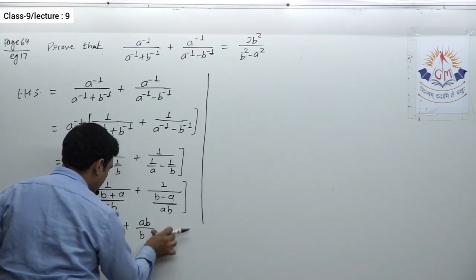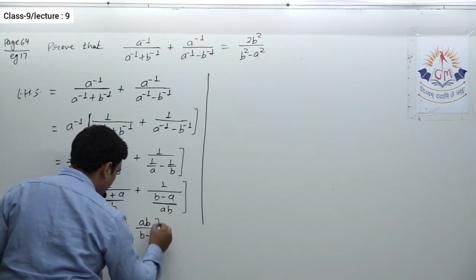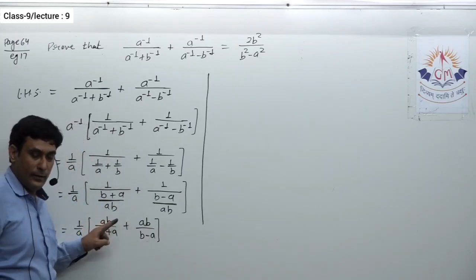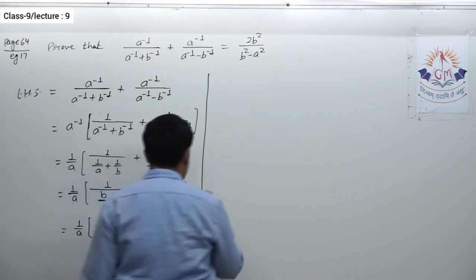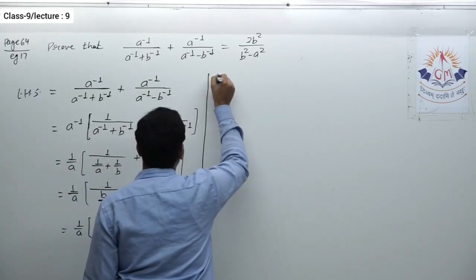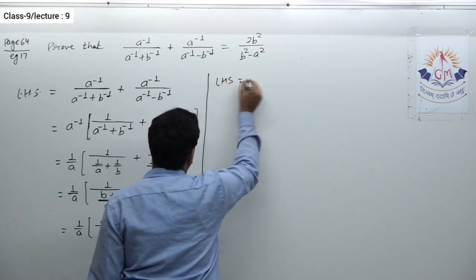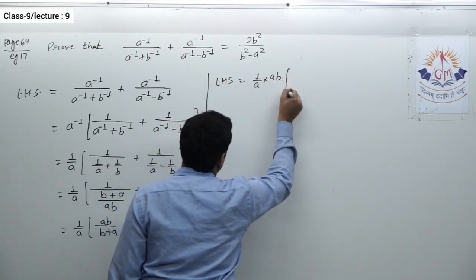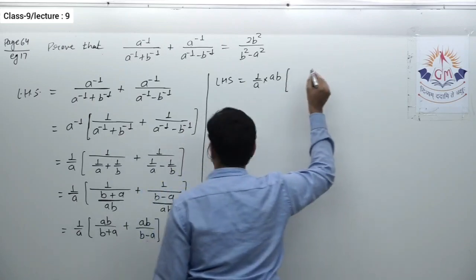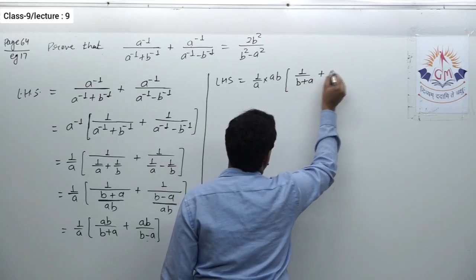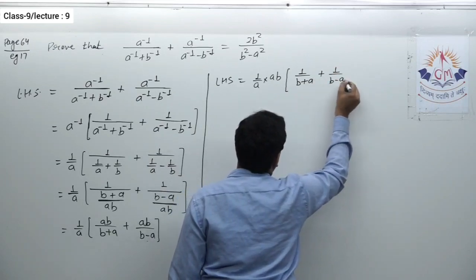Again, ab is common in these two, so I can take that ab common. So LHS is equal to 1 upon a into ab, and over here I am left with 1 upon b plus a plus 1 upon b minus a.